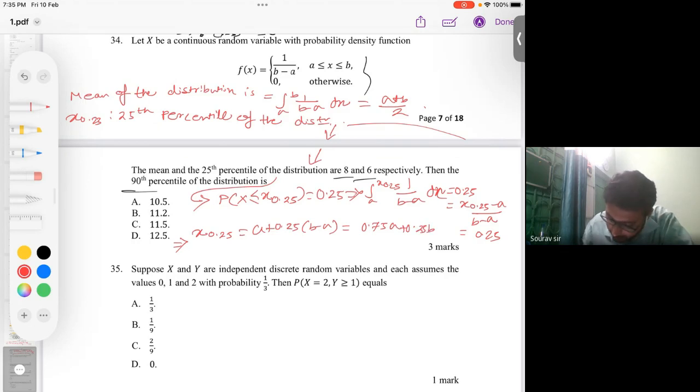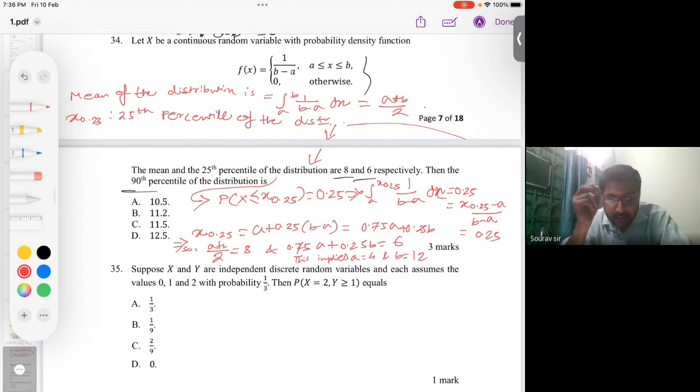So a plus b by 2 is equal to 8 and 0.75 a plus 0.25 b is equal to 6. This implies that a is equal to 4 and b is equal to 12.